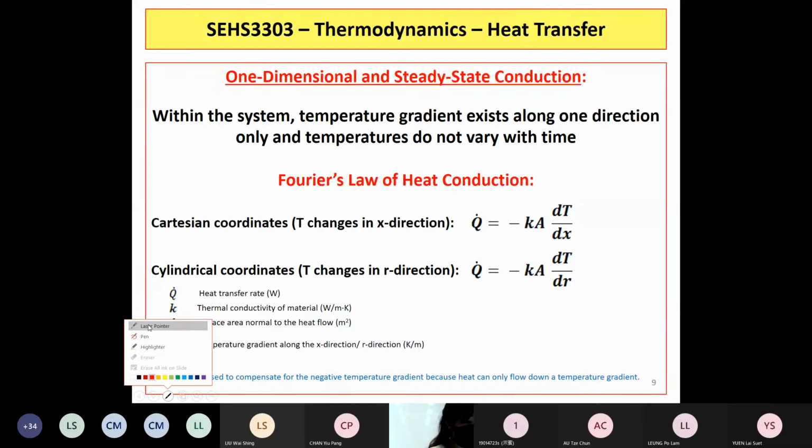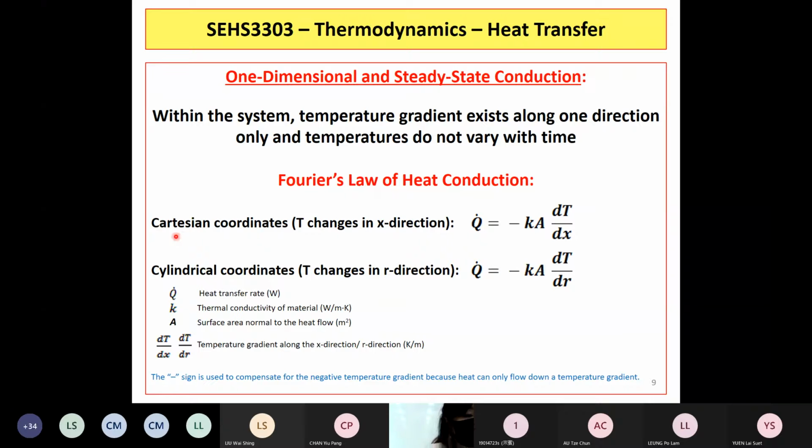Next, Fourier's law of heat conduction. We use this law to solve conduction heat transfer, to calculate the heat transfer rate during conduction.